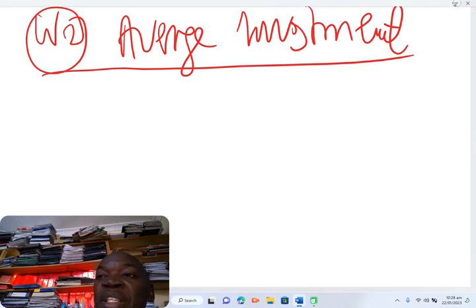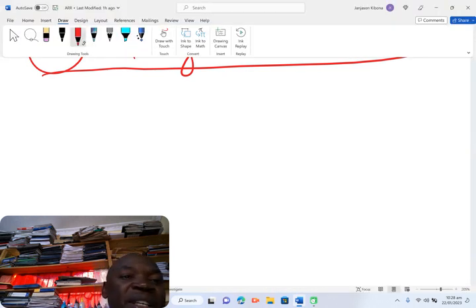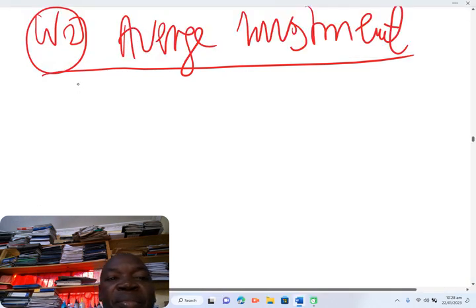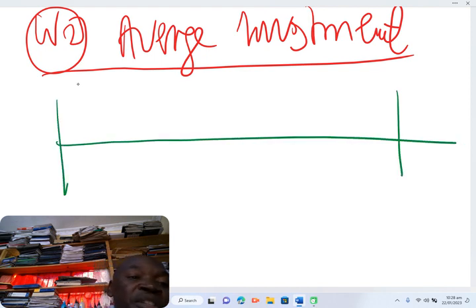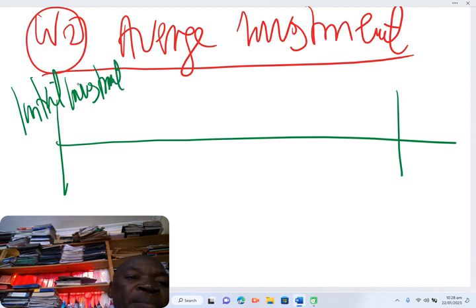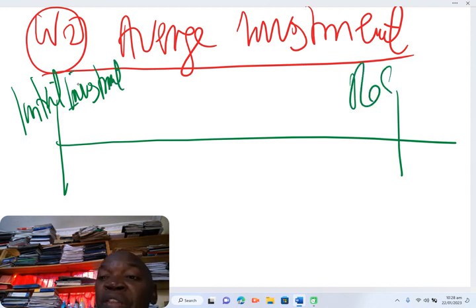So let's place a demarcation here to give it meaning. Initial investment, and here we have the residual value.